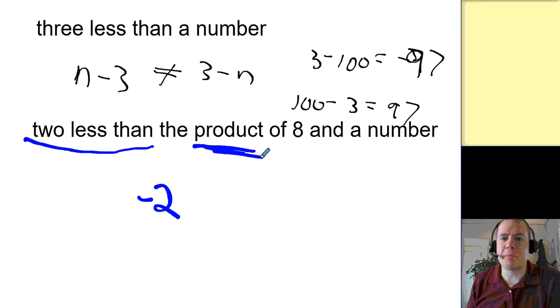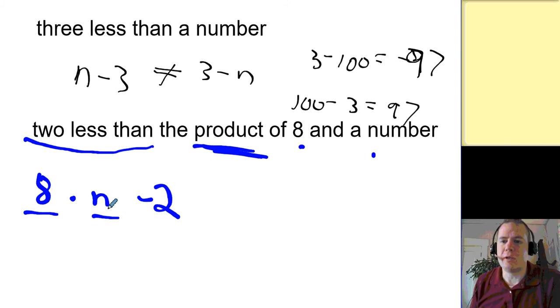I need to know what product means. Product means I'm multiplying. Right, so I do the product of whatever it's saying, then 2 less than that to get my answer. 2 less than the product of these two things, of 8 and a number. So I can make that a little bit nicer. There we go.